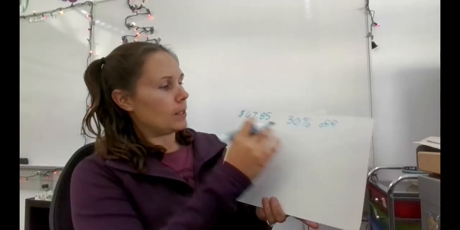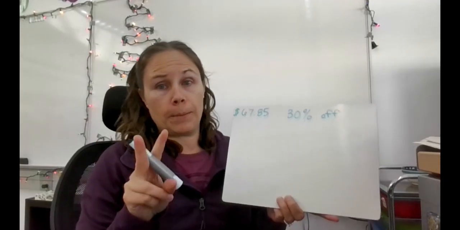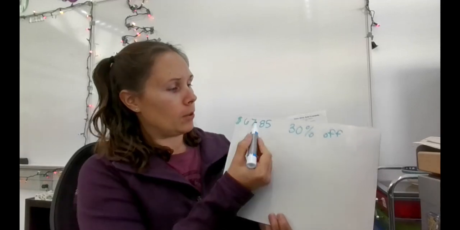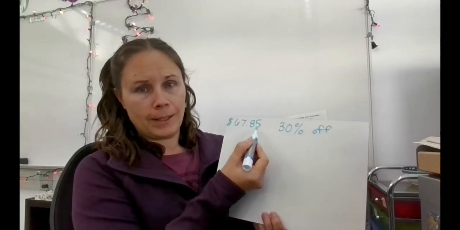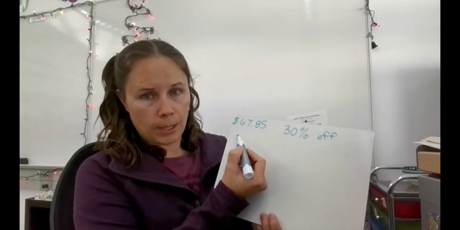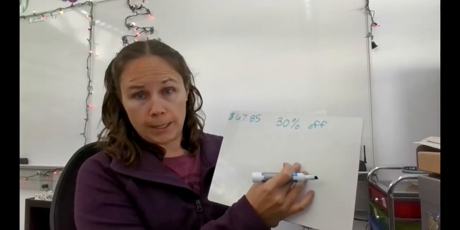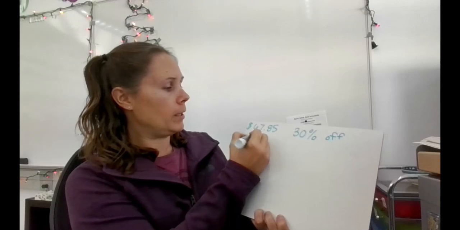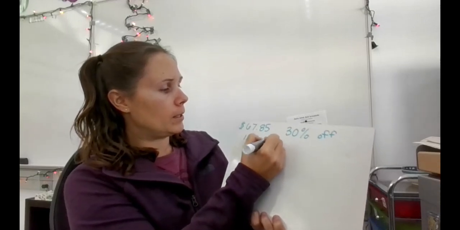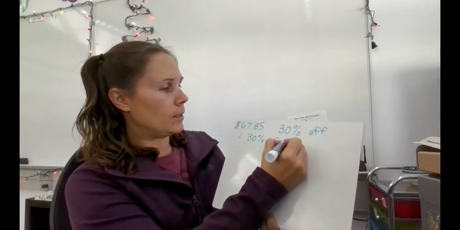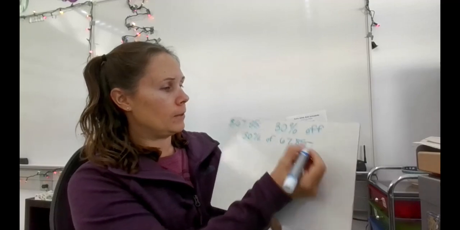If we see 30% off, this is a two-step question. We need to find 30% of our price, and then subtract that amount from the price because we're taking 30% of it away. So step one, find 30% of $67.85.